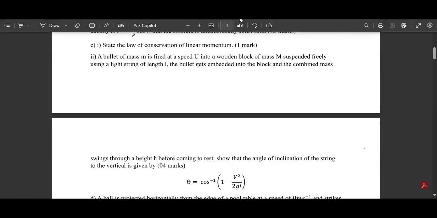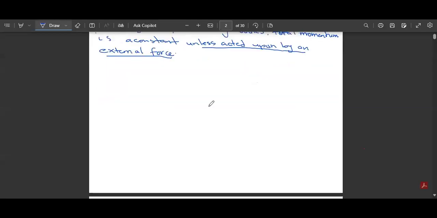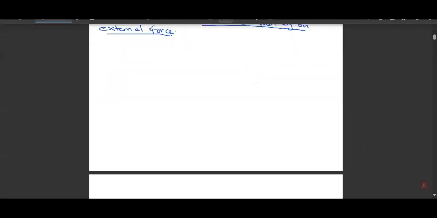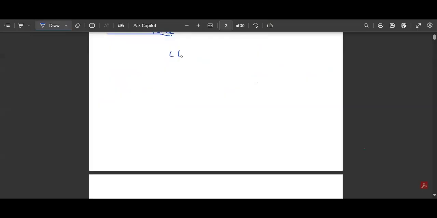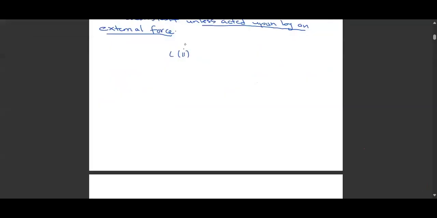Now, arc cos. So for this case, this is part C, Roman numeral 2. They want us to show that the angle of inclination is given by arc cos of 1 minus v squared divided by 2gL.